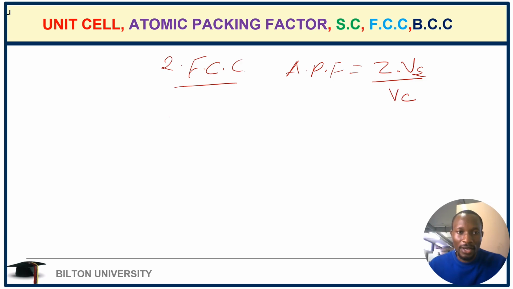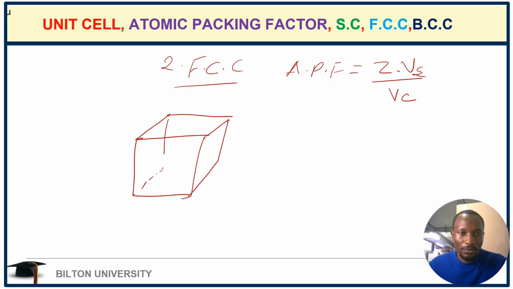So still we can draw a cube. So this is a cube, and this cube has how many atoms? It has 8 atoms as usual. 1, 2, 3, 4, 5, 6, 7, 8.